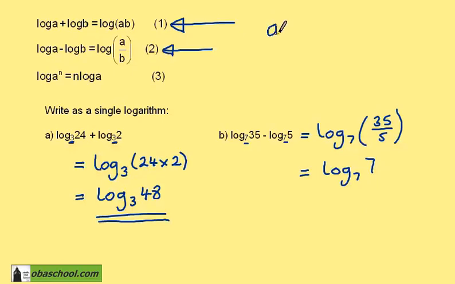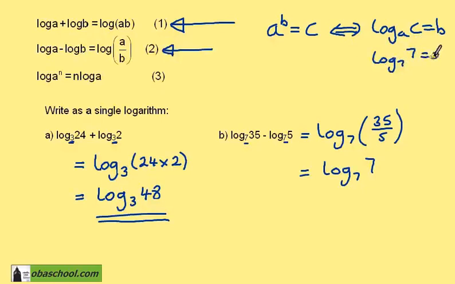If we consider the definition of logarithms, that a to the b equals c is equivalent to log to the base a of c being equal to b, then if log to the base 7 of 7 is x, it follows that 7 to the x is 7.